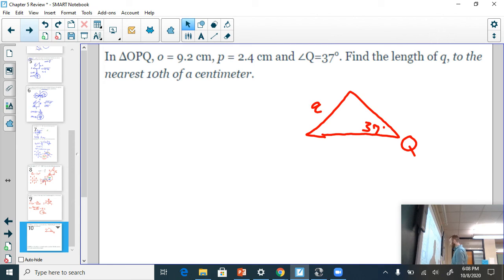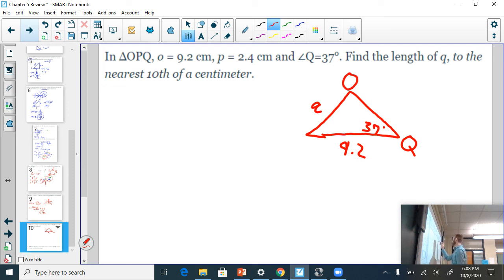O is going to be the longer one, so let me make this O, which is 9.2. This has to be big P, and across from that is going to be 2.4, little p. Find the length of q, to the nearest tenth of a centimeter.